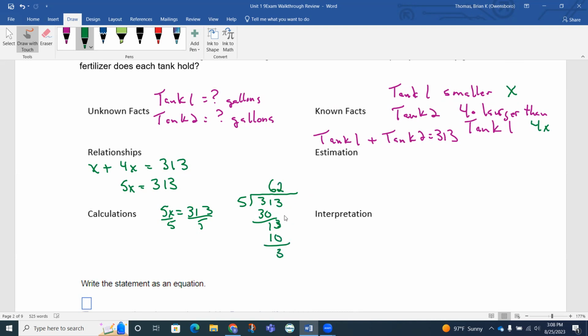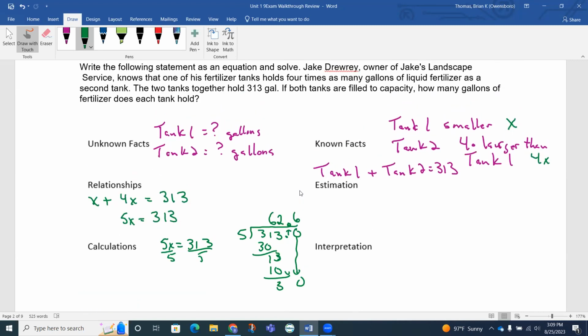Bring down a 3. The decimal point has to come into the problem, so I bring down a 0. The decimal point goes up in the answer, right here. 0 comes down. 5 goes into 30 6 times. So we have 62.6 would be X.